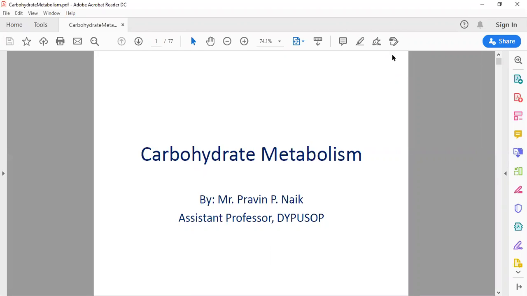So if you remember carbohydrate metabolism, we have started with different pathways. Initially we discussed glycolysis, also called the Embden-Meyerhof-Parnas pathway, the oxidation of glucose to pyruvate and to lactate.